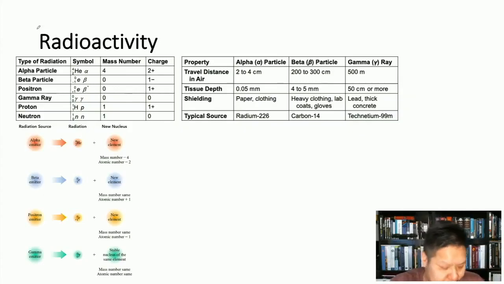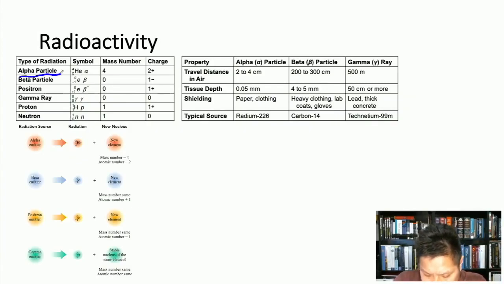It means that the nucleus of that isotope is so unstable that in an effort to become more stable, it will emit little particles of energy, and those particles can sometimes be dangerous. If we take a look at the types of particles that can be emitted by these radioactive isotopes, the first type is called an alpha particle, right here.